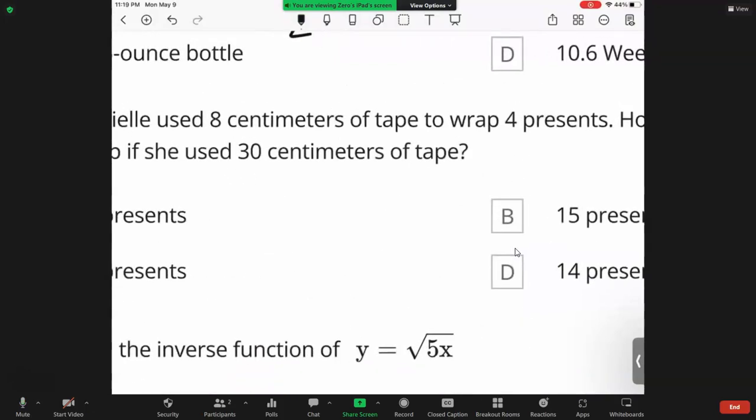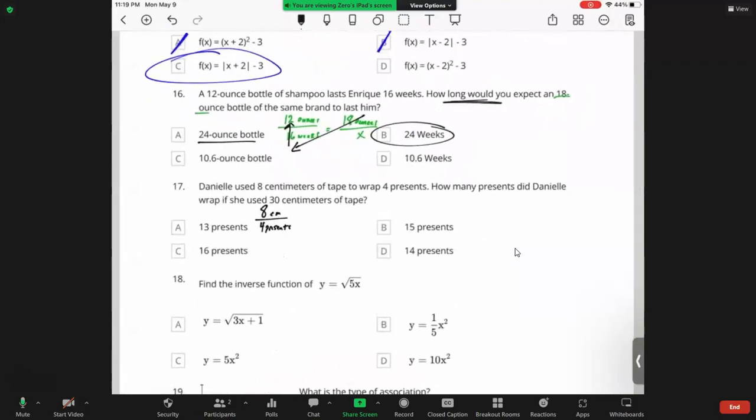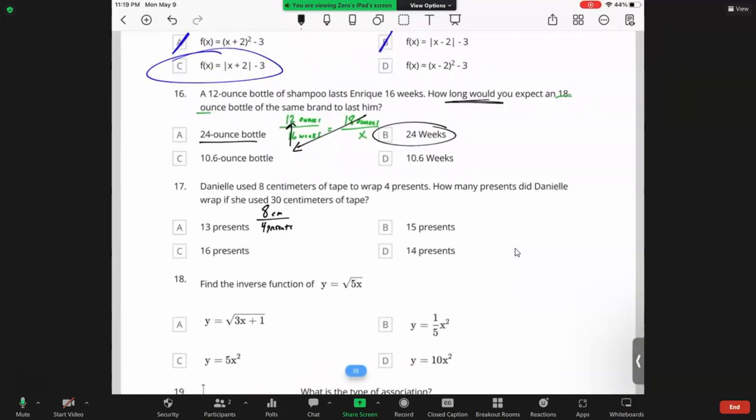So 8 centimeters to wrap 4 presents. How much can she wrap if she had 30 centimeters of tape?